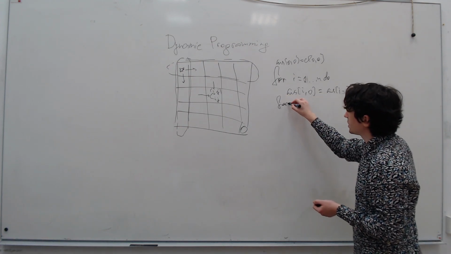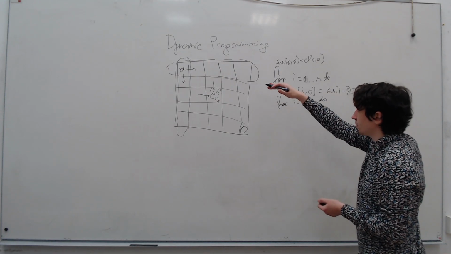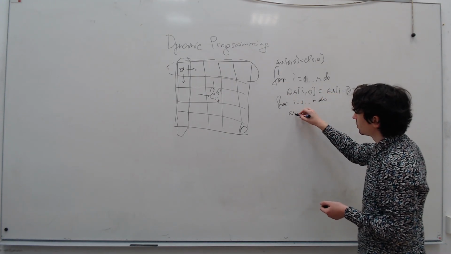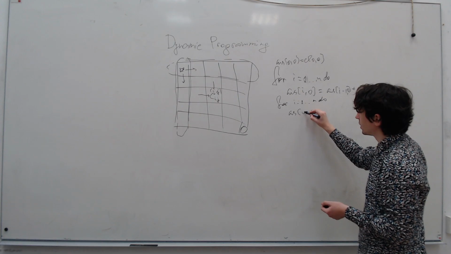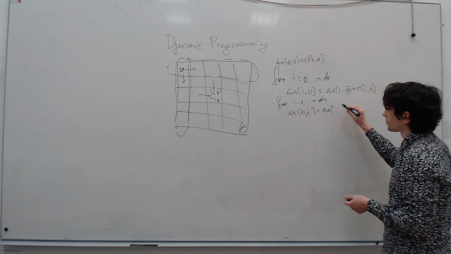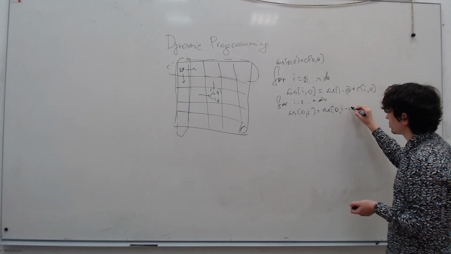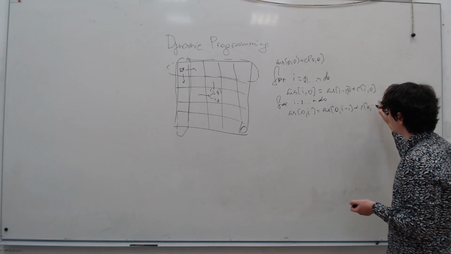Then the next case, with the row, ans 0,i equals ans 0,i-1 plus C 0,i.